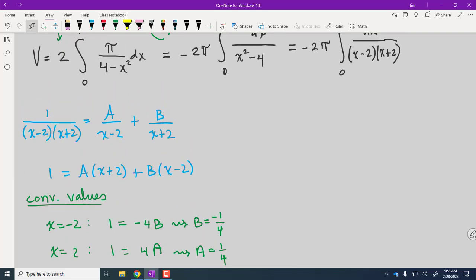All right, so that allows us to rewrite our integrand. We still are going to have limits 0 to 1. We're going to rewrite our integrand as 1/4 over x minus 2. And then we're going to have minus 1/4 over x plus 2.